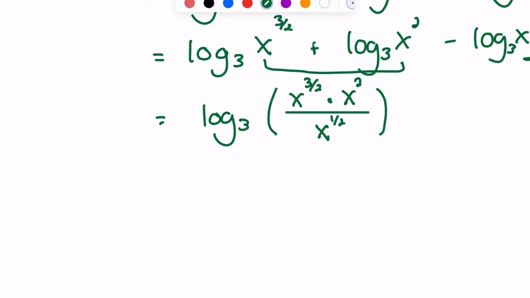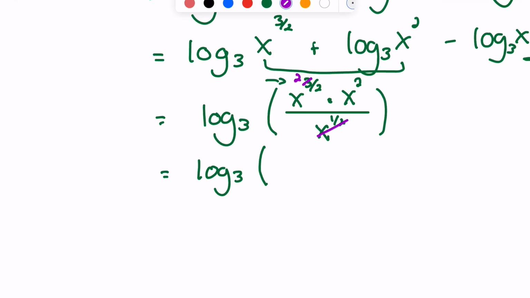So just work with your exponents now. So we have log base 3. Essentially we have up on top here, this is like me saying I have 3 halves on that x, and I have a singular half on the bottom. So if I take away one of those halves, I'm going to be left with 2/2.